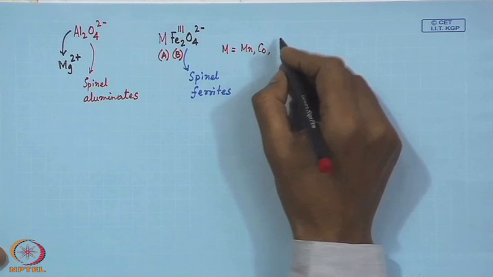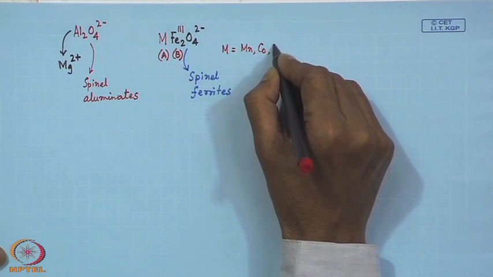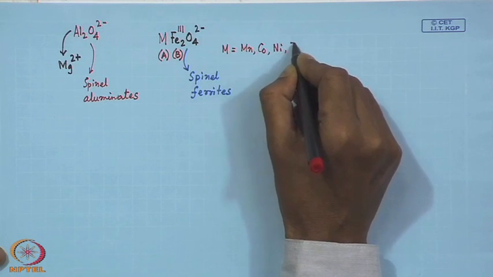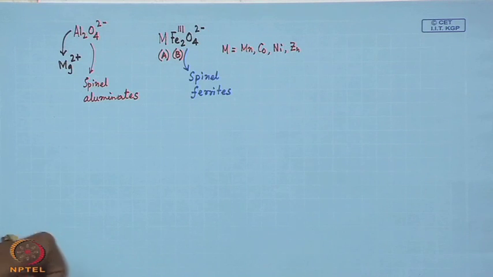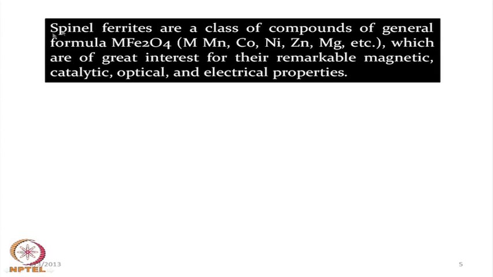We can have cobalt, nickel, and zinc. Starting from the entire series of manganese, cobalt, nickel and zinc, we can have this sort of arrangement for ferrite spinels. So, this can be termed spinel ferrites or ferrite spinels.